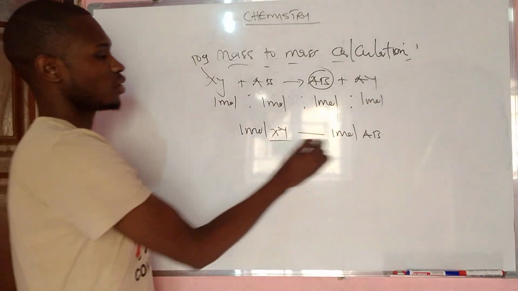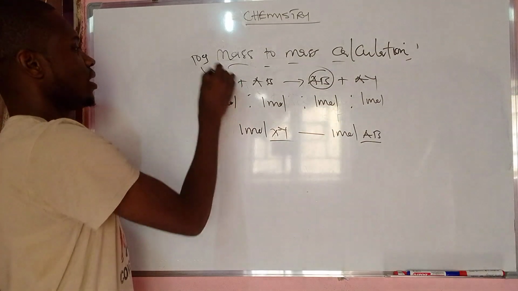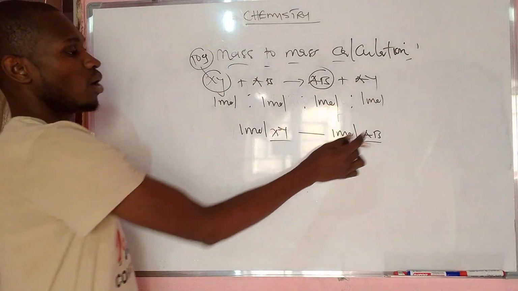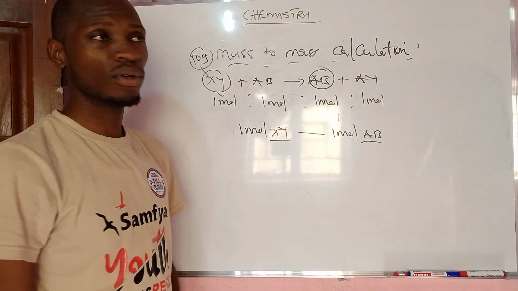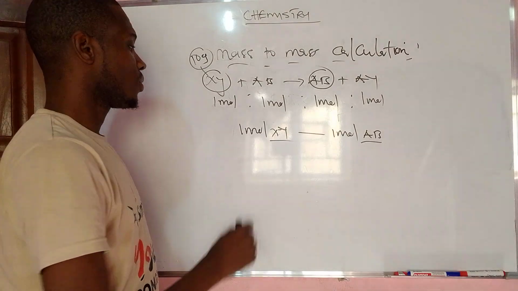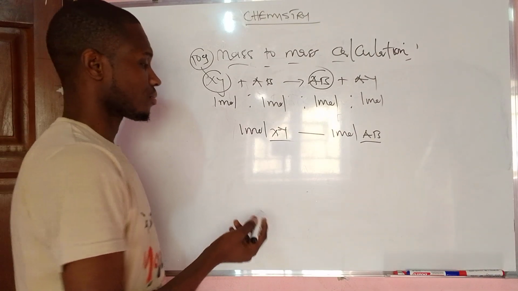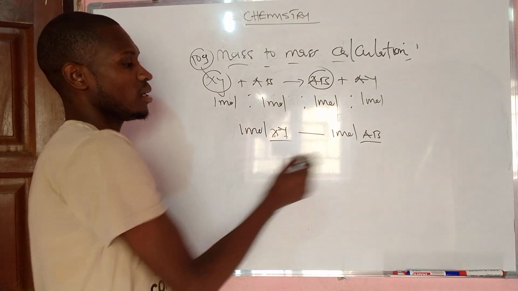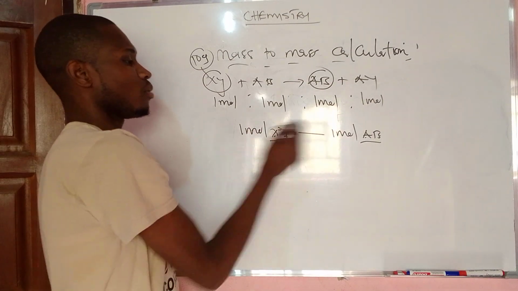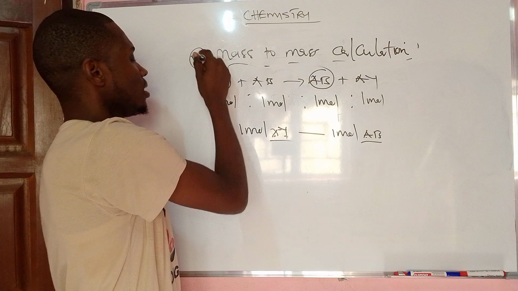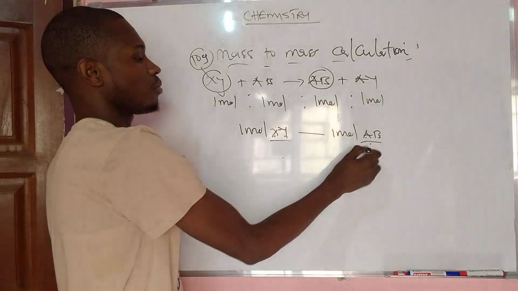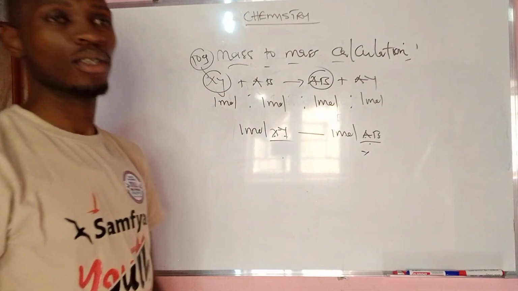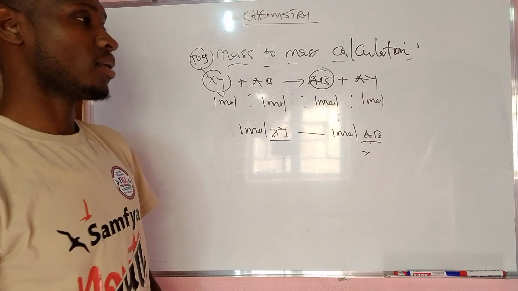I've taken this one and this one because this one has the mass, and this one is the one I'm looking for. From here, we'll find the molar mass of this one and of this one, then we multiply by this, then this will come here, and then we cross multiply. That's what we call mass to mass calculation.